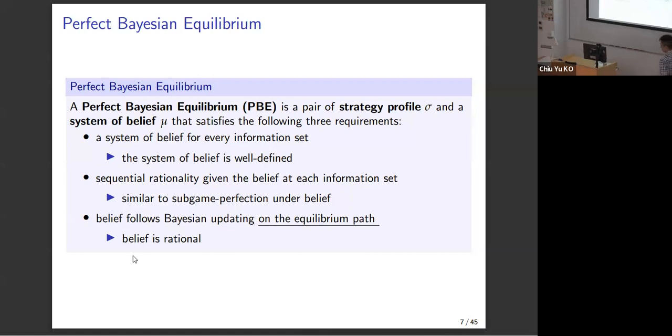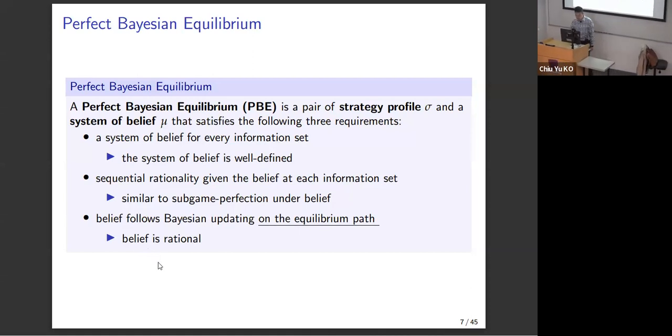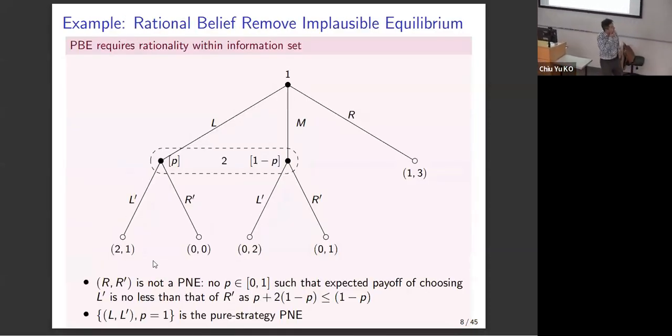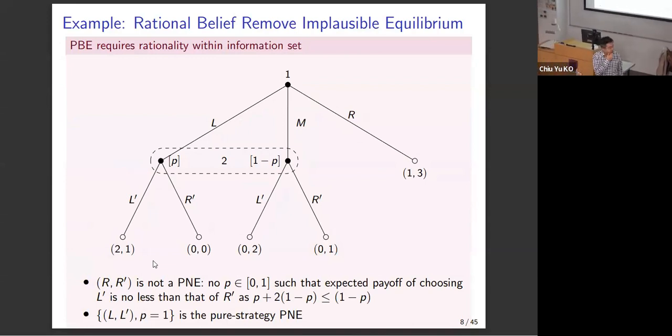This is very simple in our context. It's not easy to explain, but let's see this example. First, why R prime is not a Bayesian-Nash equilibrium. You have to put probability over the 2 nodes for player 2, right?